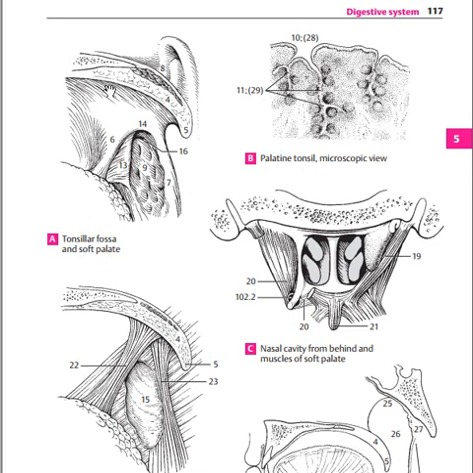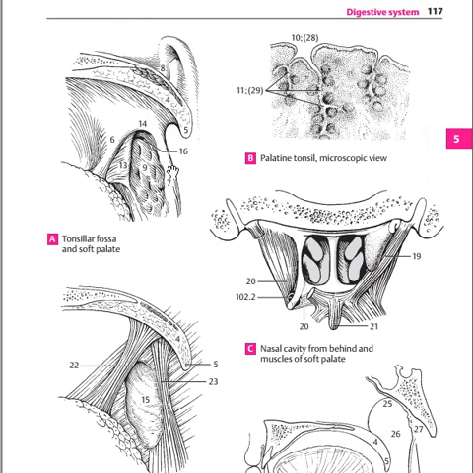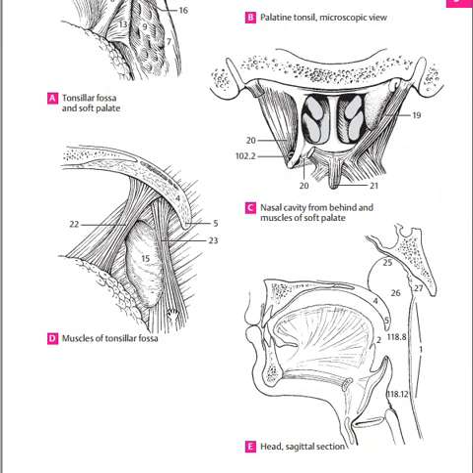Between these places is the palatoglossal arc, and inferior to it we have a muscle called the palatoglossal muscle. The same goes with the palatopharyngeal arc: inferior to it, we have a muscle underneath called the palatopharyngeal muscle.